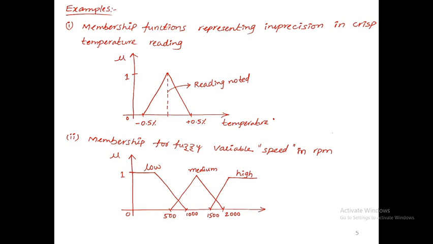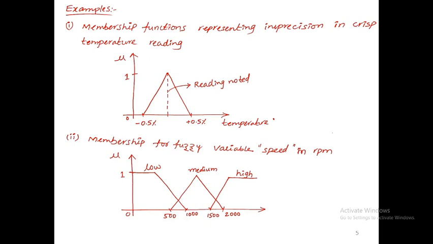Here a 0 to 1 membership value is assigned for the change in temperature from minus 0.5 to 0, and in a similar way from 0 to plus 0.5. So the membership value is on the vertical axis, right? The membership value is equal to 1 when we note the correct reading.